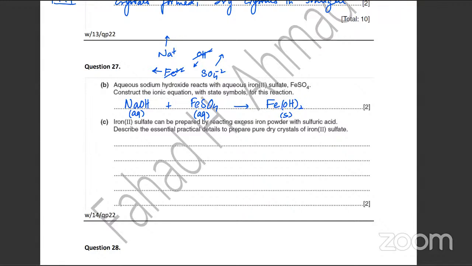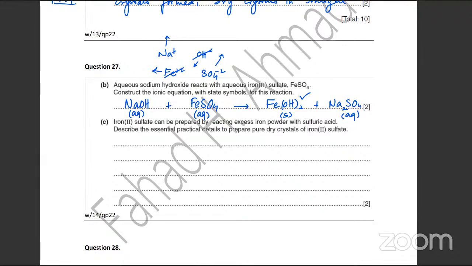Hydroxides कौन से soluble हैं? Group 1 के soluble हैं, Group 2 के bottom वाले soluble हैं. उसके अलावा बाकी सारे, all of them are insoluble. So Fe(OH)2 solid precipitate is going to get formed. And what's going to remain in the solution is Na and SO4. वो precipitate नहीं बनाएंगे क्योंकि Na and SO4, it's going to be Na2SO4. Group 1 compounds are soluble, so they'll stay in the solution. They'll all remain dissociated.